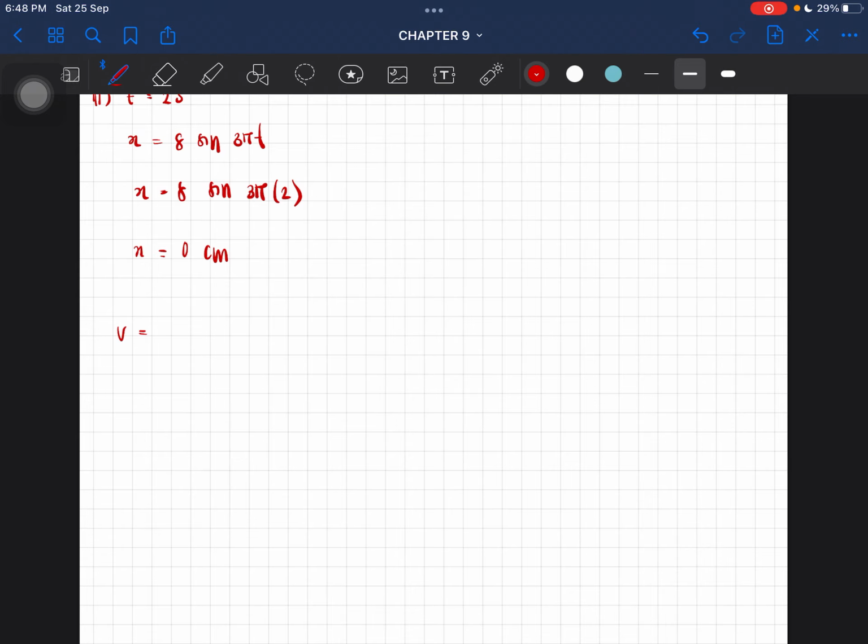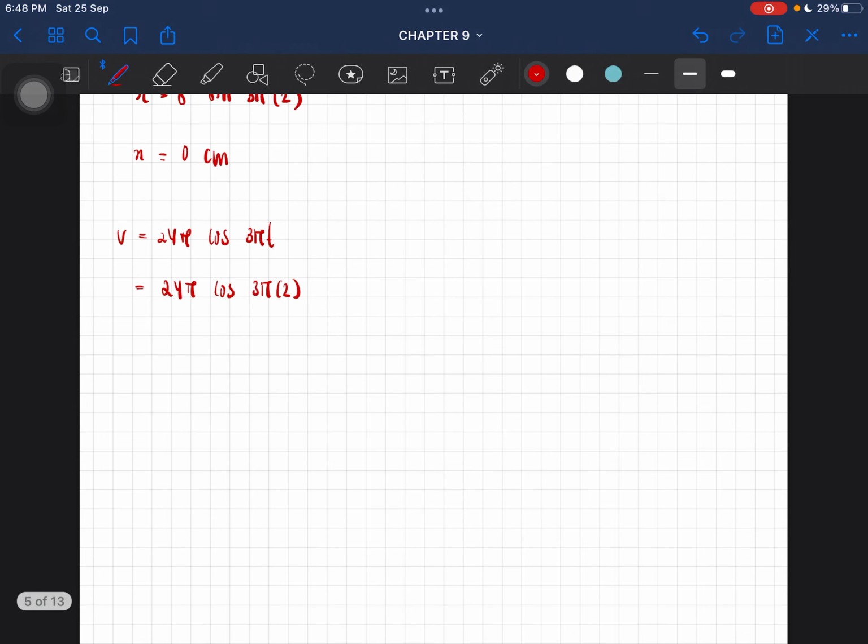Then for velocity. Velocity we got earlier is 24 pi cos 3 pi t. Again just substitute the value. Cos 3 pi times 2, so 24 pi cos 6 pi. We must use radians. We will get 75.4 centimeters per second. And lastly, we have to do it for acceleration.